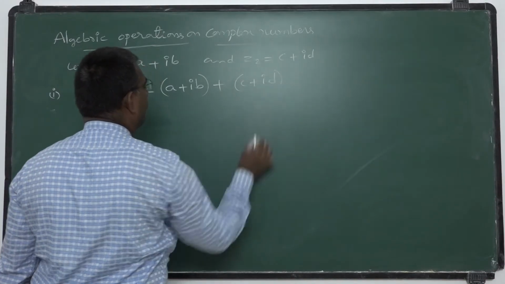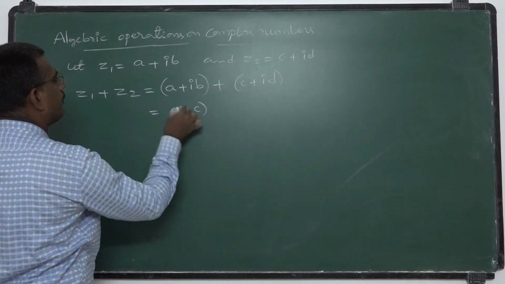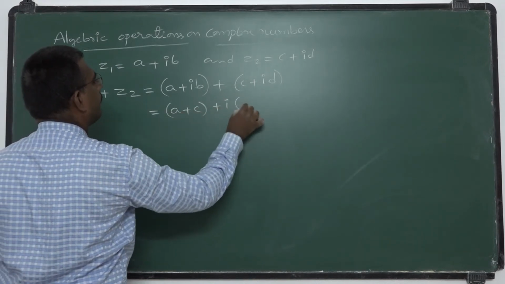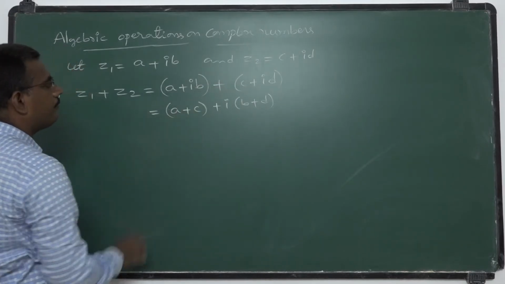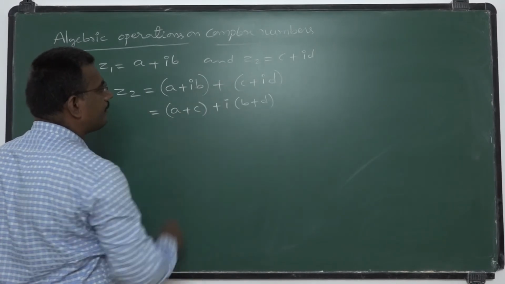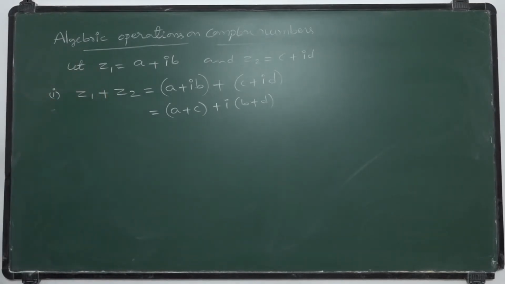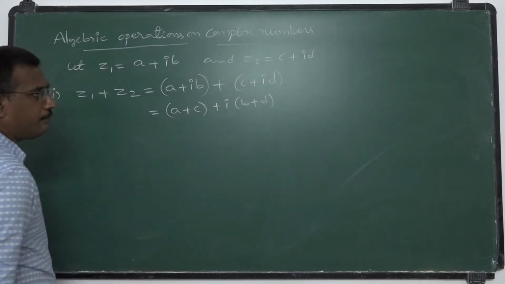So this is equal to a plus c plus i of b plus d. Just write the real numbers in one place and take i common in the imaginary numbers. Therefore z1 plus z2 equal to a plus c plus i of b plus d.